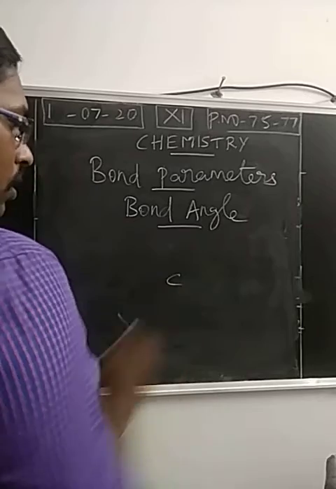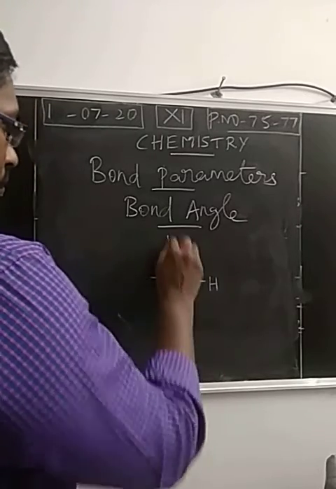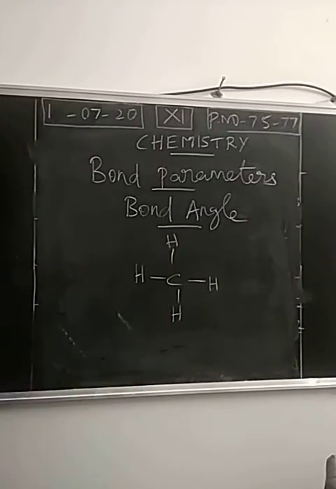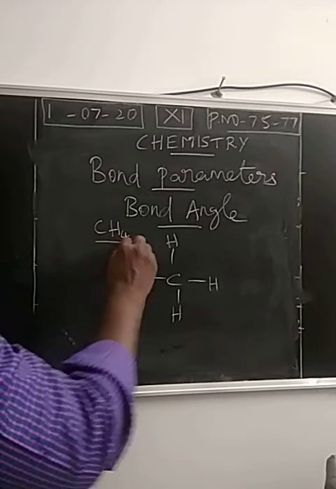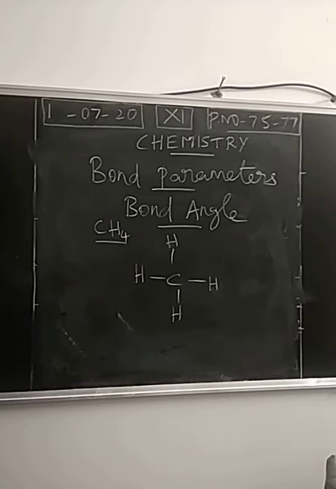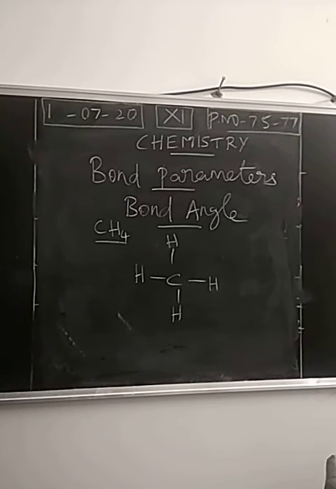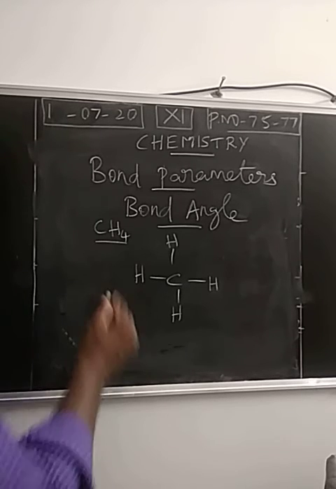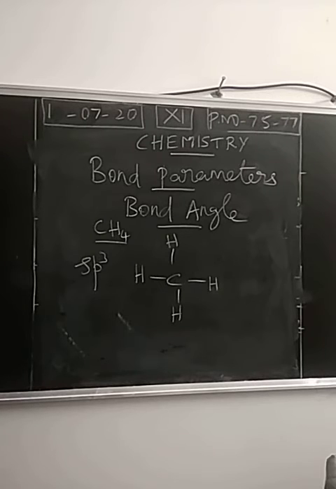So consider the molecule methane. So this is a methane molecule, CH4. There are 4 covalent bonds between the carbon as well as hydrogen. And later we are going to discuss a concept called valence bond theory, in which we will study hybridization. So in methane molecule, hybridization will be sp3 hybridization.